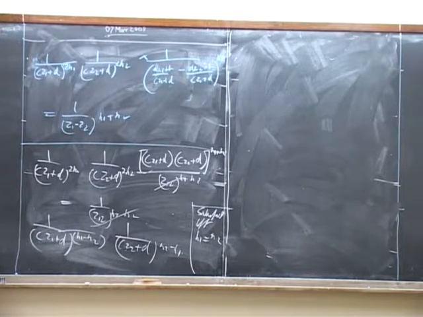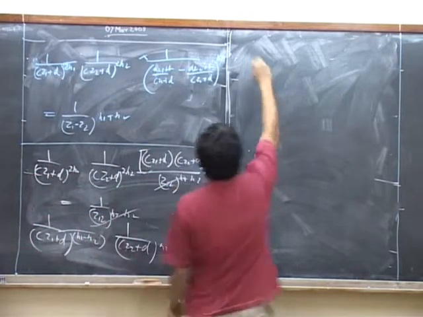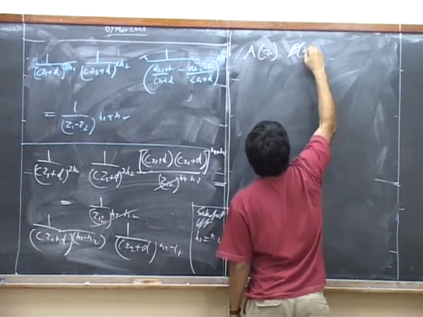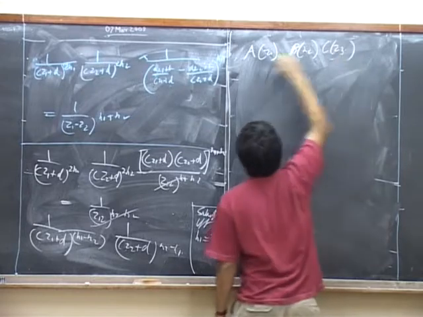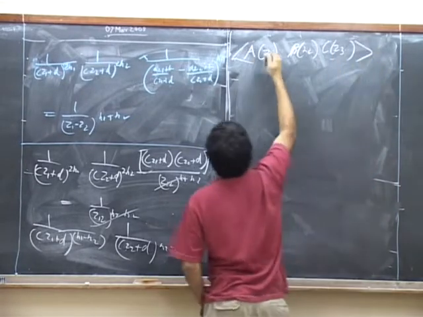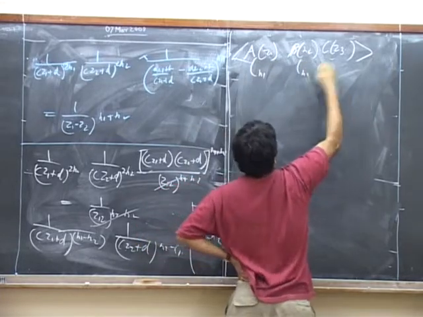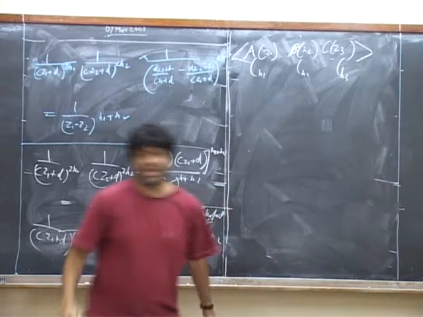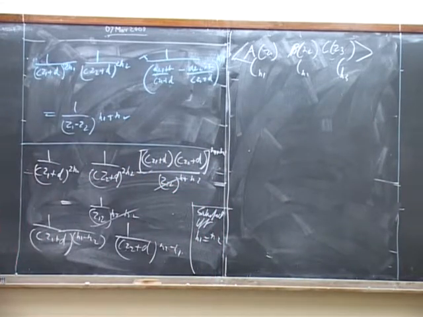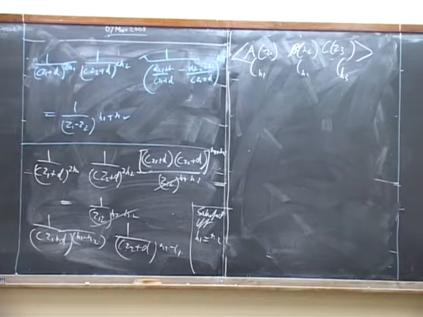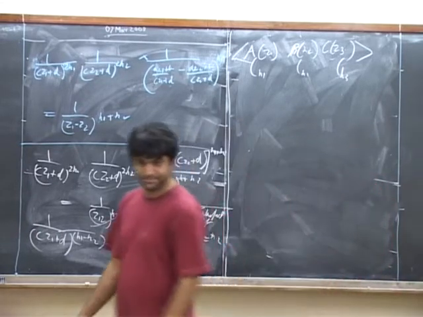Suppose we have a three-point function between an operator A of z1, B of z2, C of z3, and the weights of these operators are h1, h2, h3, and similarly for the anti-analytic behavior. Question: what can we say about the z1, z2, z3 dependence of this three-point function?